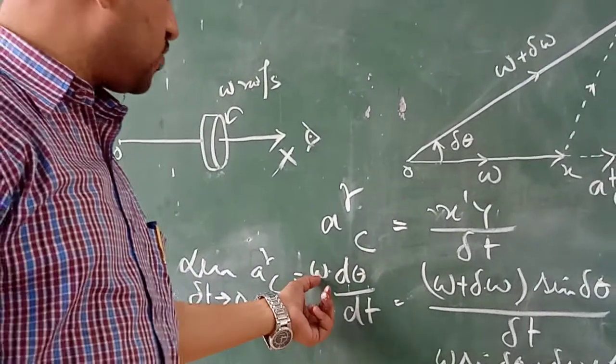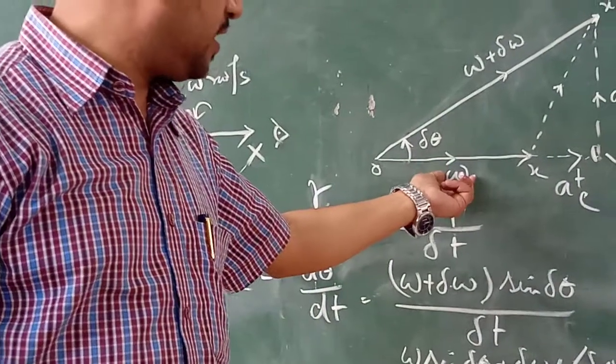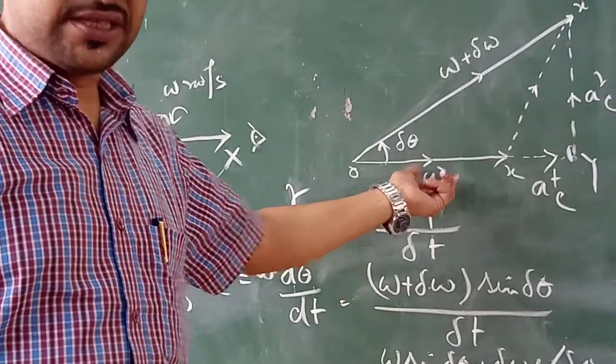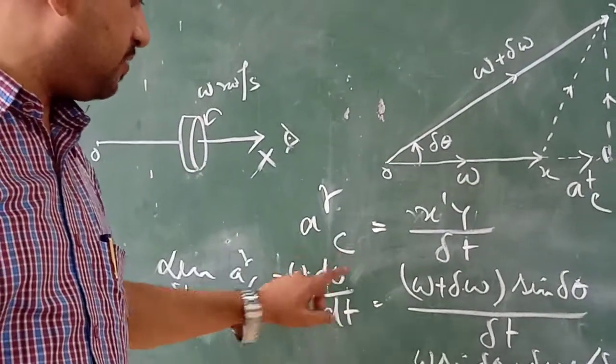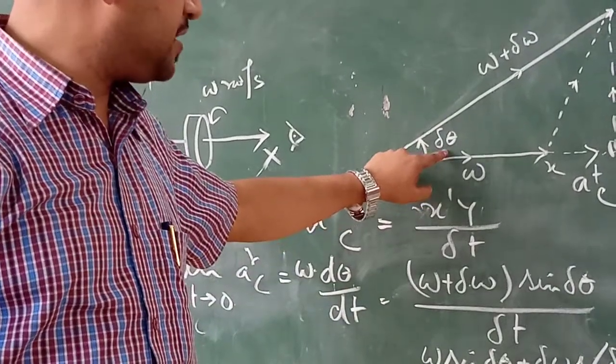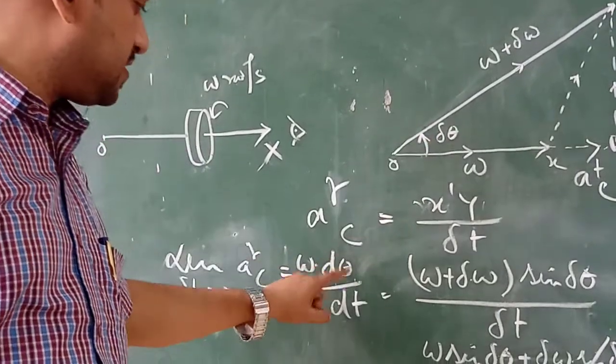Now what is omega? Omega is the actual angular velocity of the disk. And what is theta? Theta is the angular displacement of the axis of spin. And what is d theta dt?